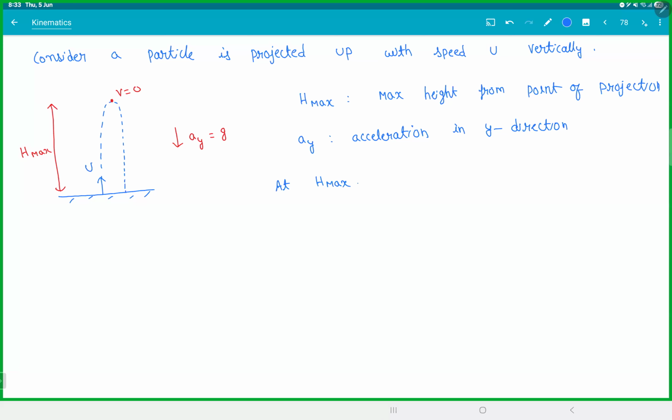At Hmax, when you reach the highest point, the vertical component of velocity becomes 0. So before turning back, momentarily, you will just come to rest.